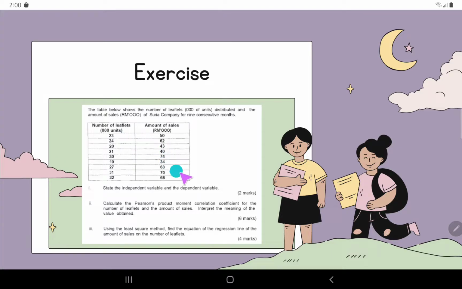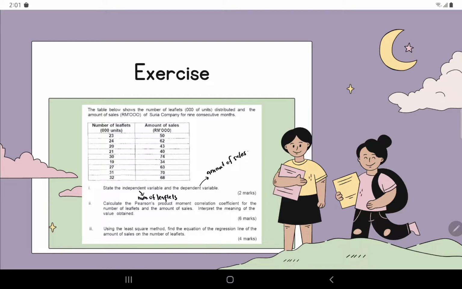Based on this data, our independent variable is the number of leaflets, and our dependent variable is the amount of sales, because the amount of sales depends on the number of leaflets. If we give more leaflets to future customers, the amount of sales will be higher. So number of leaflets is our independent variable, and amount of sales is the dependent variable.